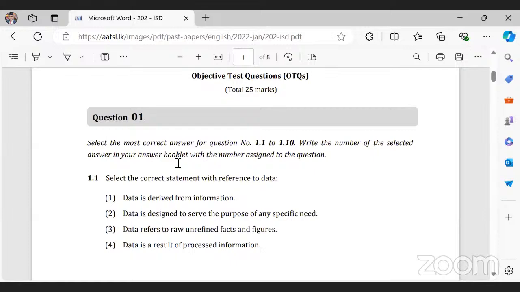Select the correct statement in reference to data. See, same type of question. Data is derived from information, that is wrong. Data is designed to serve a specific need, no. Data refers to the raw, unrefined facts and figures.